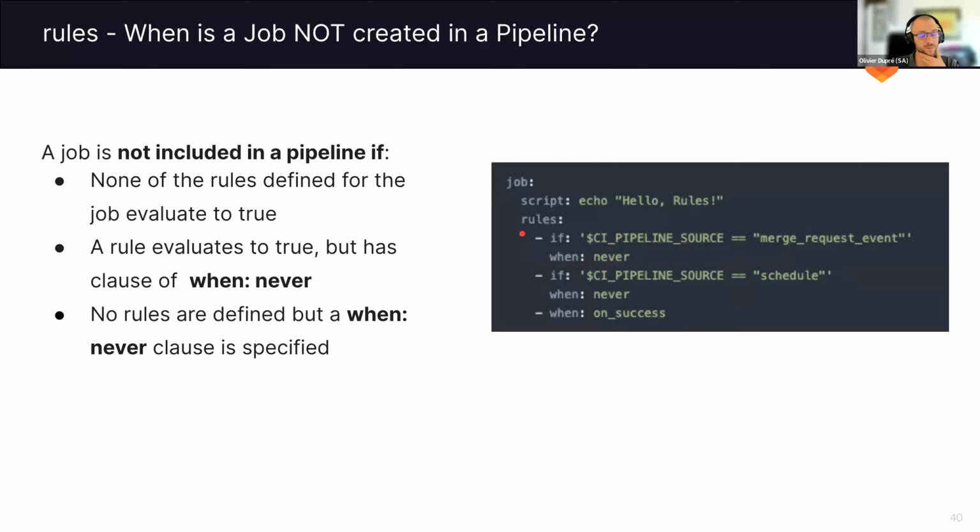And so I'm going through the rules when I'm evaluating them. The first rule is not true, so I'm going to the next one. It's not true, I'm going to the next one. And the third one is on success. So here I'm saying that you will execute this job only if the previous job has succeeded. Okay.